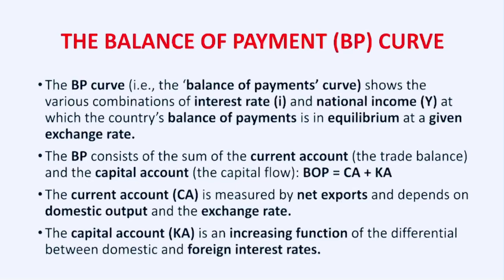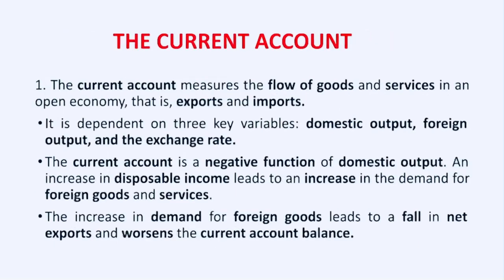Now, the current account is simply measured by net exports and depends on domestic output and the exchange rate, while the capital account, KA, is simply an increasing function of the difference between the domestic and foreign interest rate. So what is a current account?